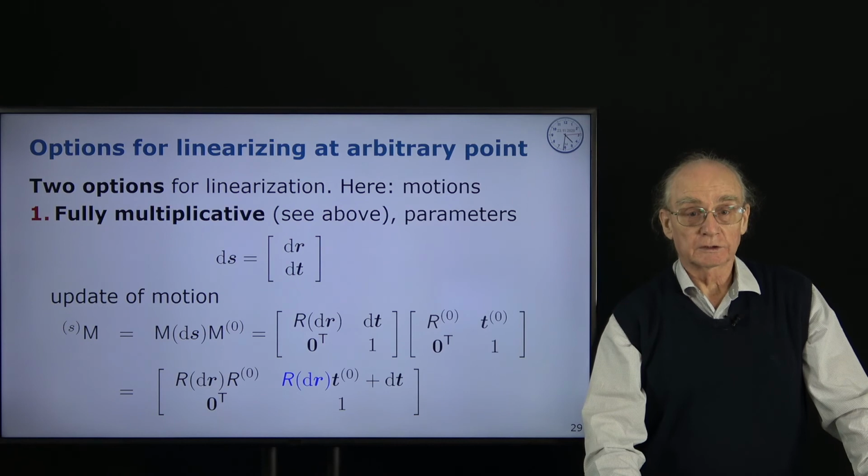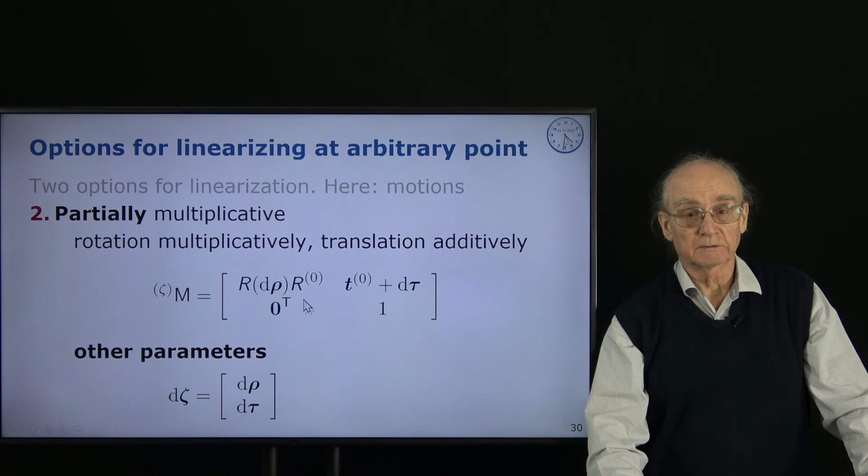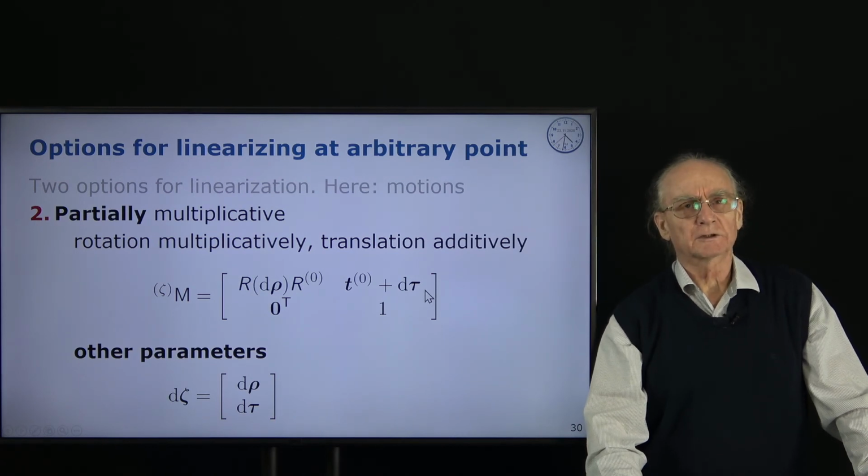So we have an alternative. Let's try the following. We take the approximate rotation and the approximate translation here in this motion matrix. We correct the rotation multiplicatively from the left with a small rotation and the translation additively with a small translation. Because this is a different representation, we need to have other parameters in principle.